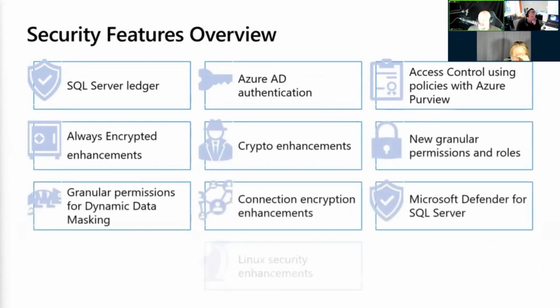I feel like I need multiple slides to cover this, right? We talked about Ledger, we talked about Azure AD authentication. There's also Always Encrypted with secure enclaves. There's support for new query patterns, including sorting, ORDER BY, JOIN, and GROUP BY on encrypted columns using enclaves and other performance improvements. We have access control for SQL Server with policies in Azure Purview.